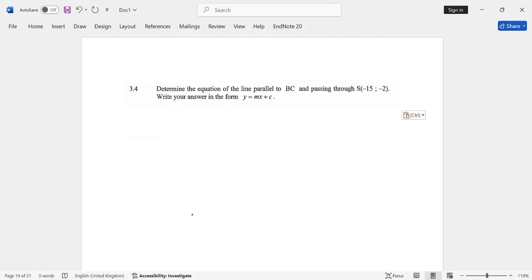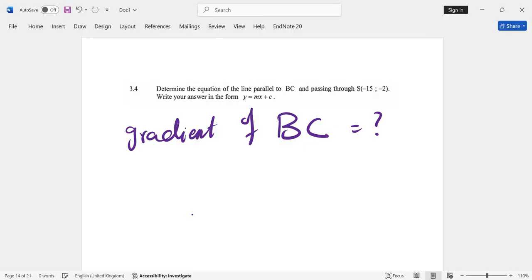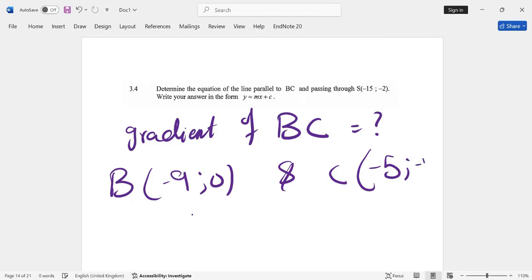Parallel lines have equal gradients, as you know. So first we have to find the gradient of BC. For the gradient of BC, we have the coordinates of B, that is minus 9 and 0, and the coordinates of C, that is minus 5 and minus 12.